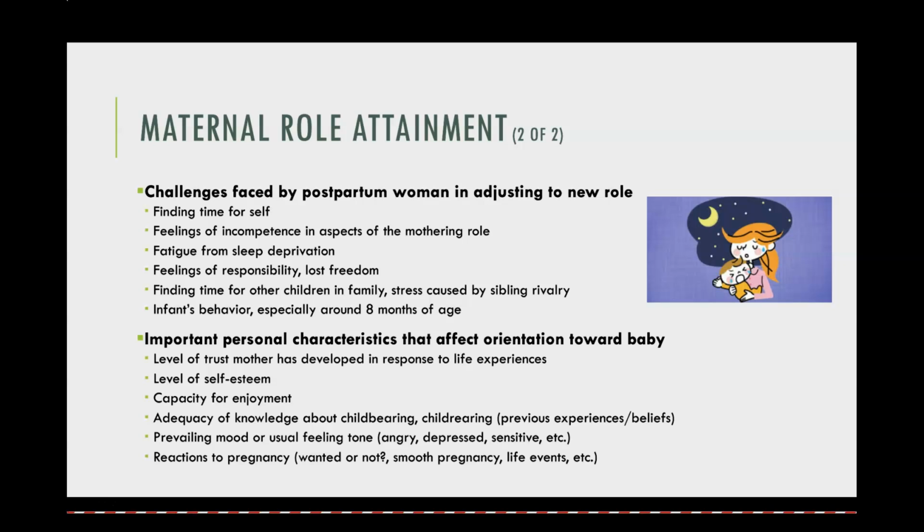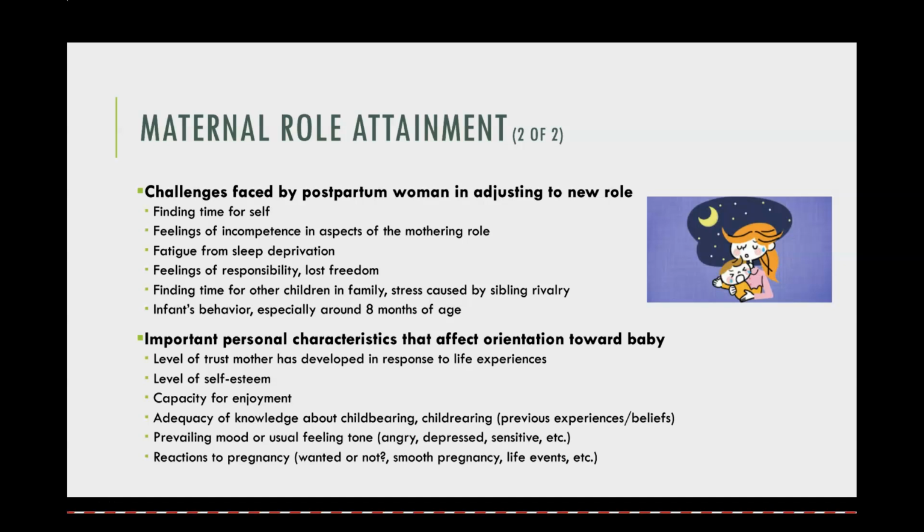What's her prevailing mood? What's her usual tone? Her usual personality? Is she an angry person? Is she a depressed person? Is she very sensitive? Is she extremely bubbly? Is she very by the book or very, very pragmatic? Is she fly by the seat of her pants? All of these things can affect this maternal role attainment. And then, of course, this last one, reactions to the pregnancy.